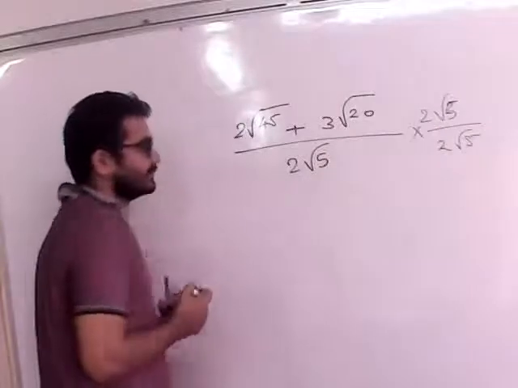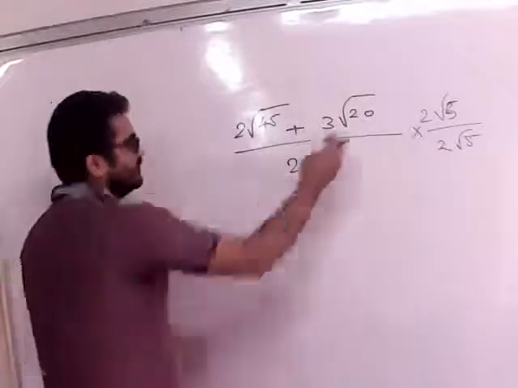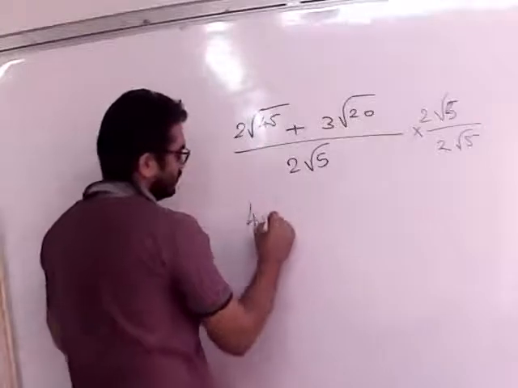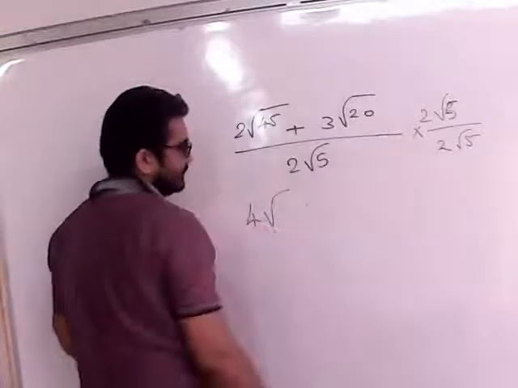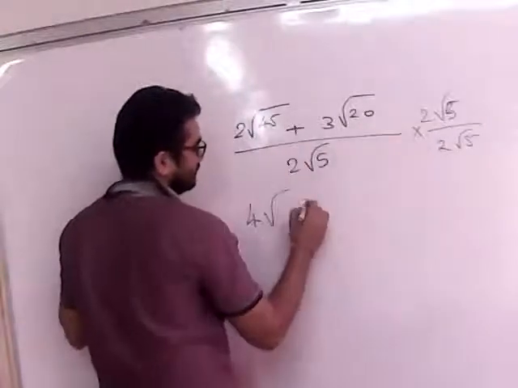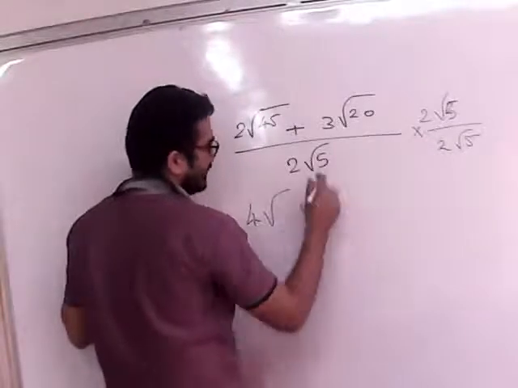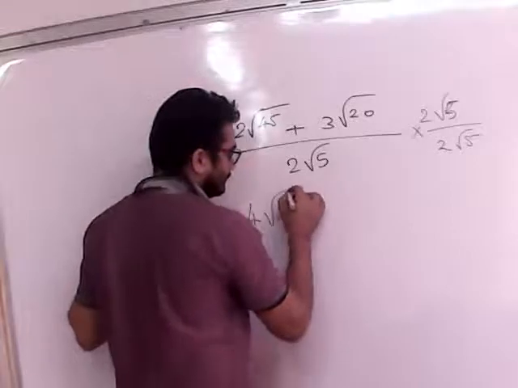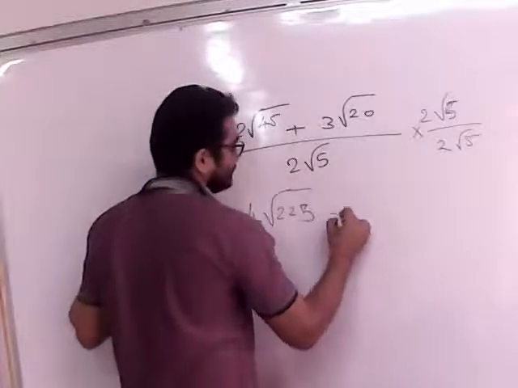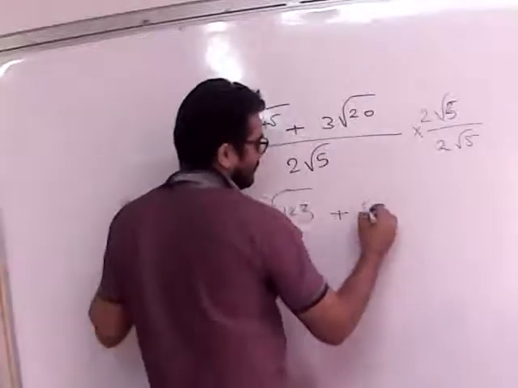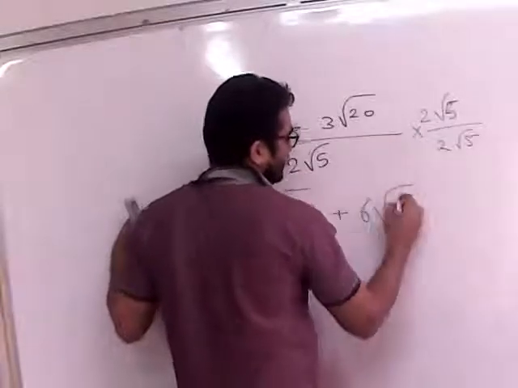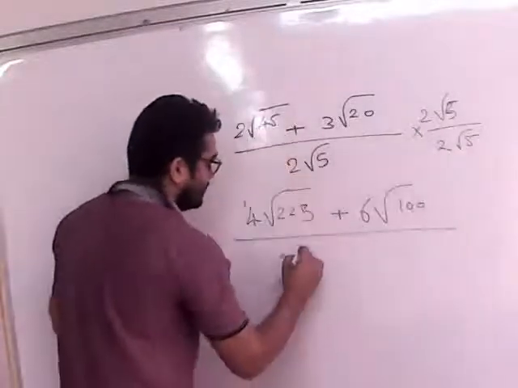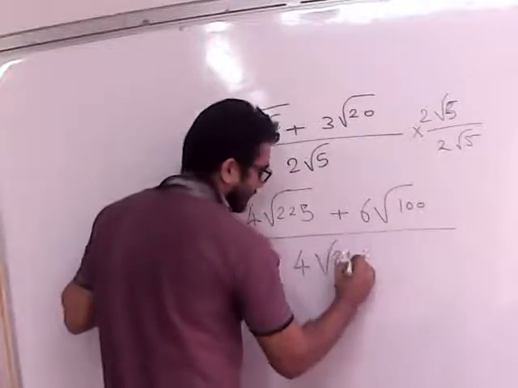So we multiply this. Now what will be there? Now this 2 root 5 will multiply this, so that will be 4 root 225, since 45 times 5 is 225. Plus 2 multiplied by 3 gives 6 root 100. Upon 2 times 2 root 5 times root 5, so that will be 4 root 25.